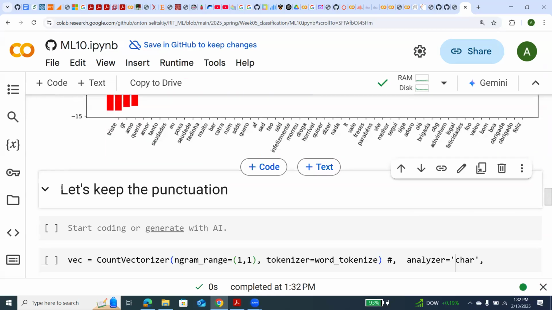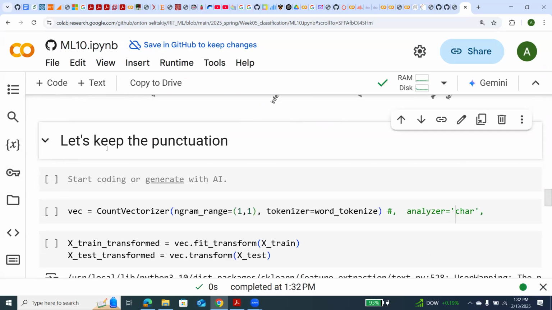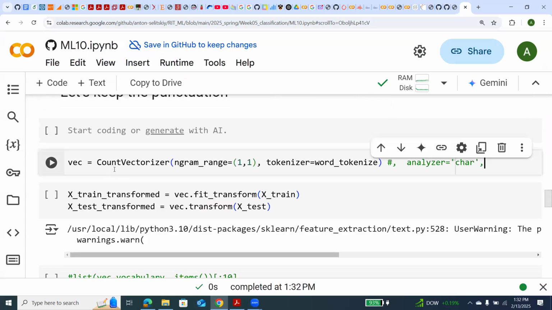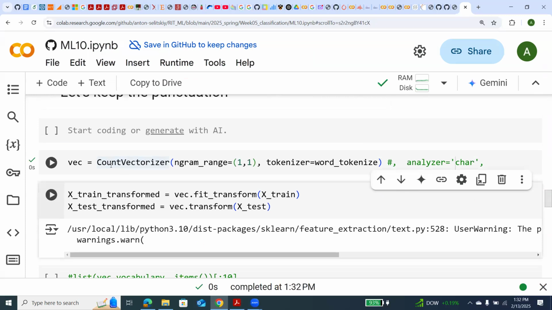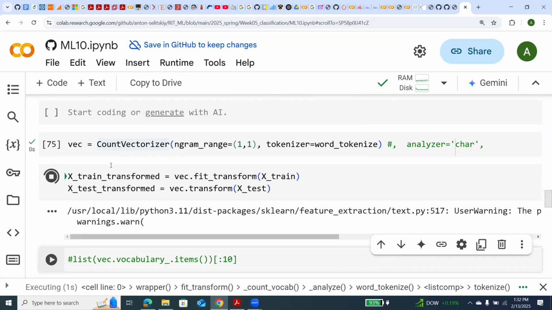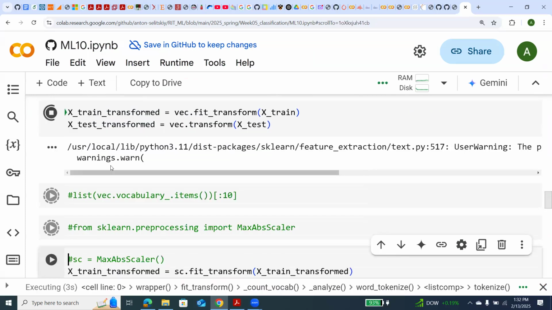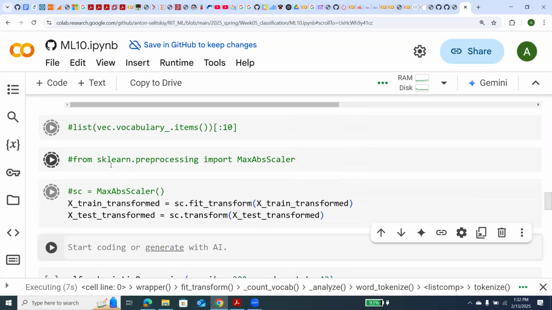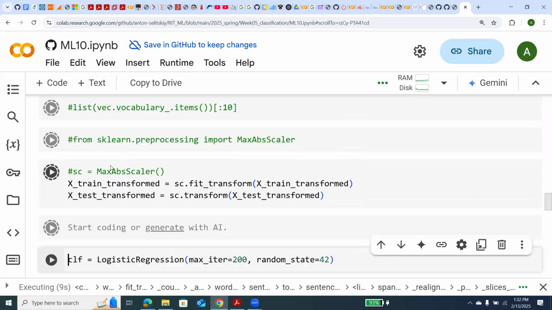So next step, if we keep punctuation, and we know we should scale, so we scale our data.